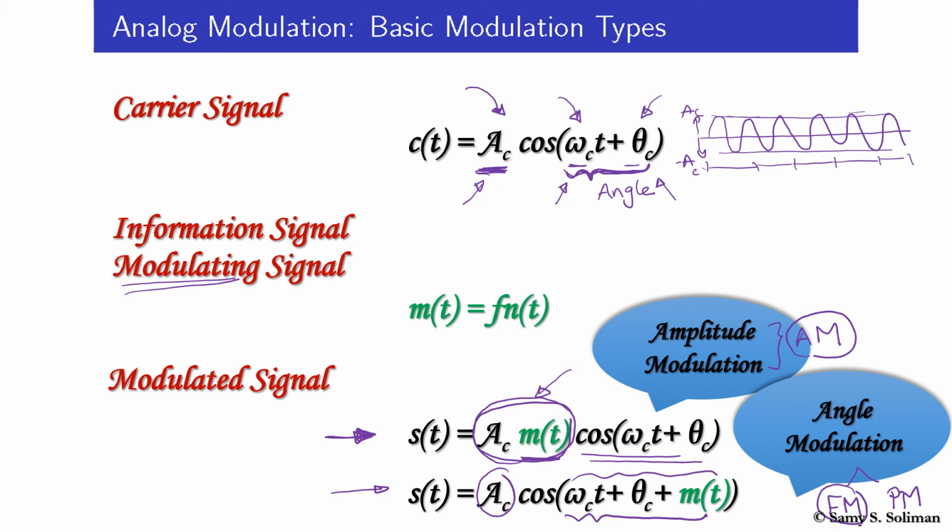So again, in angle modulation, the information signal is included in the angle of the carrier, so that the angle of the carrier signal is varying in accordance with the information signal.